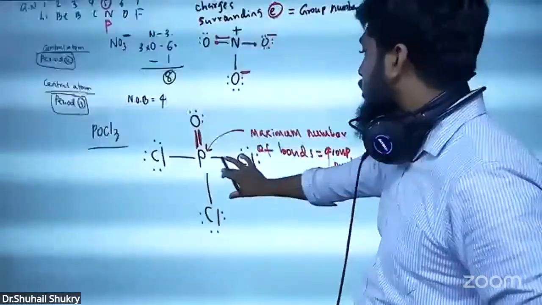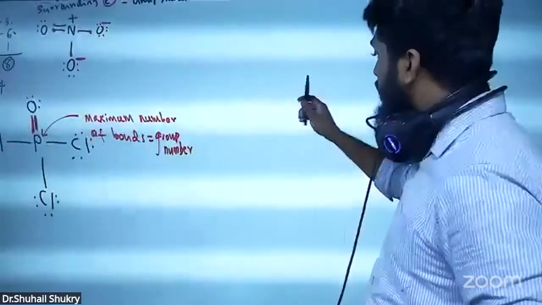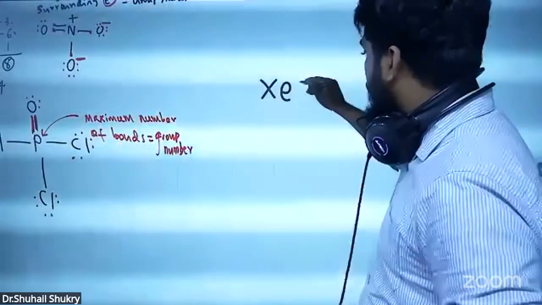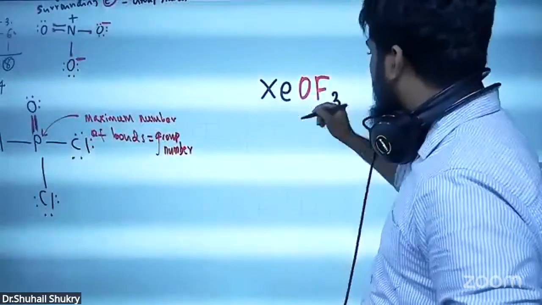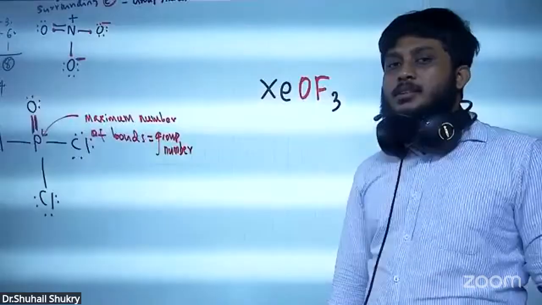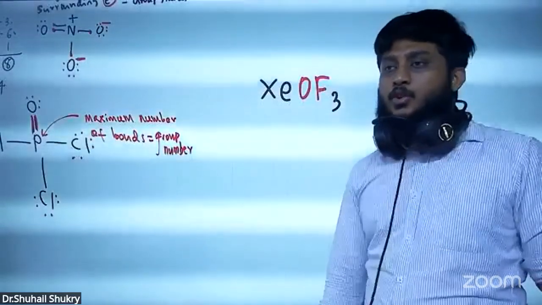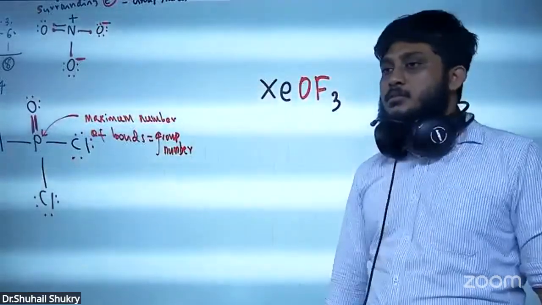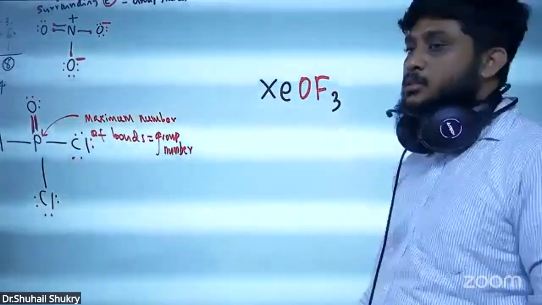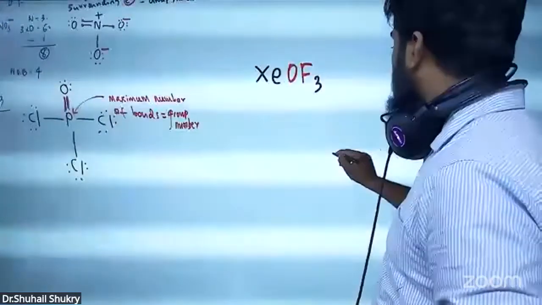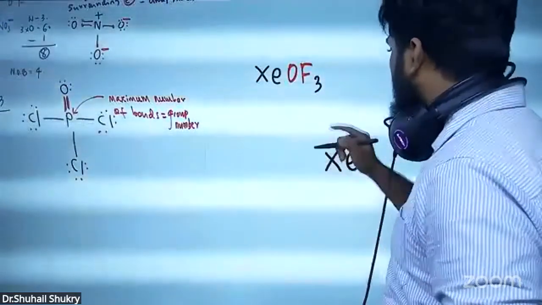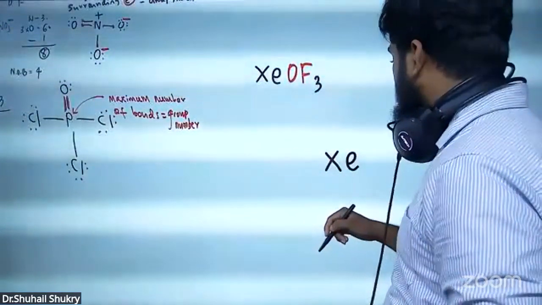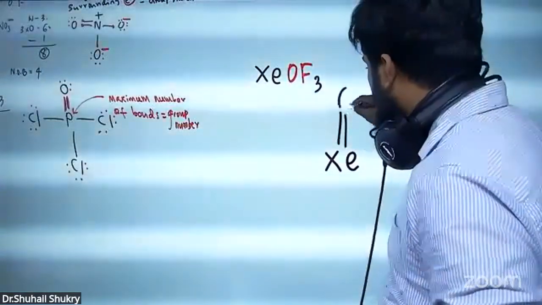Right. That's why I drew XeF4. Can you remember? If I put XeOF3, xenon is a noble gas, no? Xenon belongs to the 8th group. What is the maximum number of bonds I can make with xenon? Up to 8 bonds. If there is only one oxygen, that oxygen will connect to xenon with a double bond.